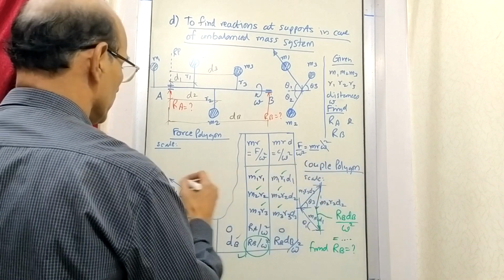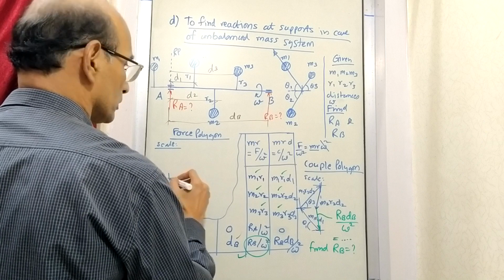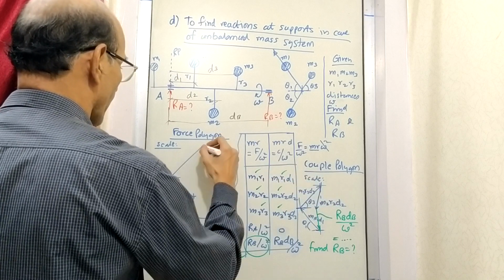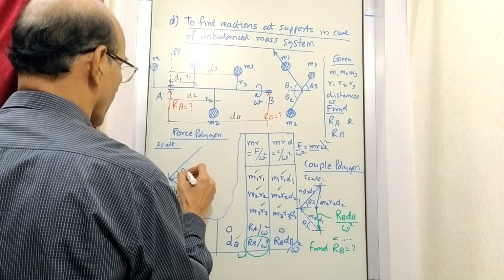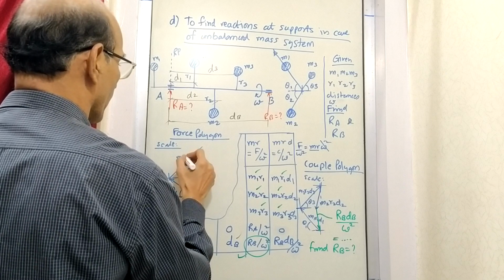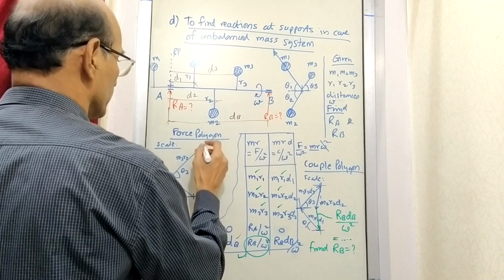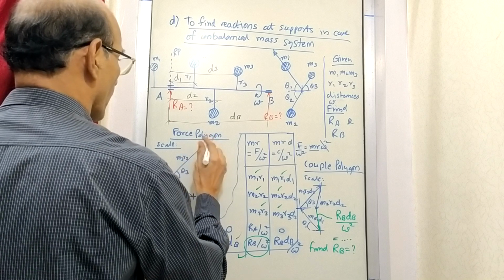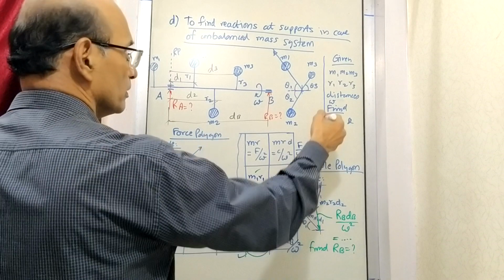M1 R1. Then next is theta, I'll draw 3 again. M3 R3. Then M2 R2.